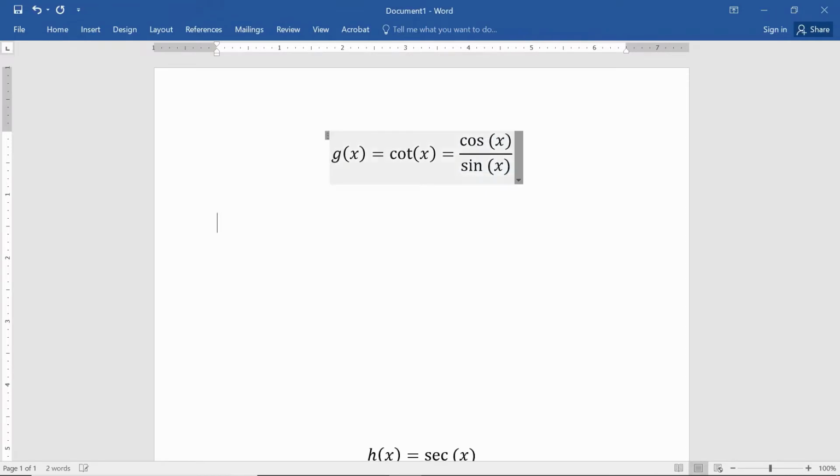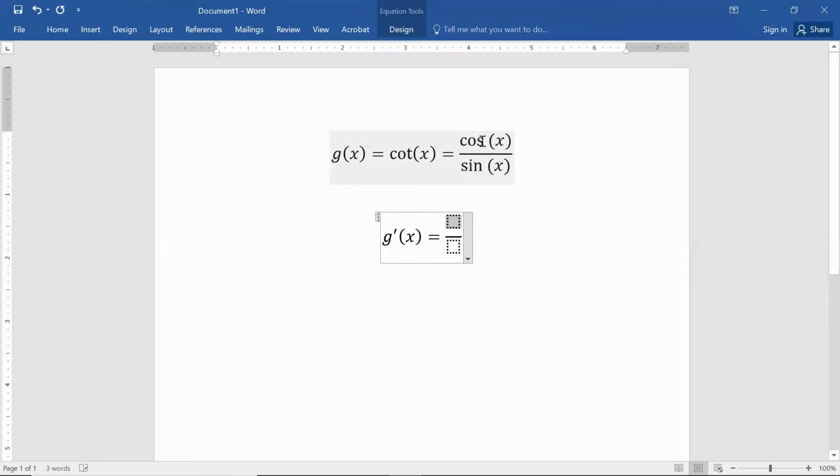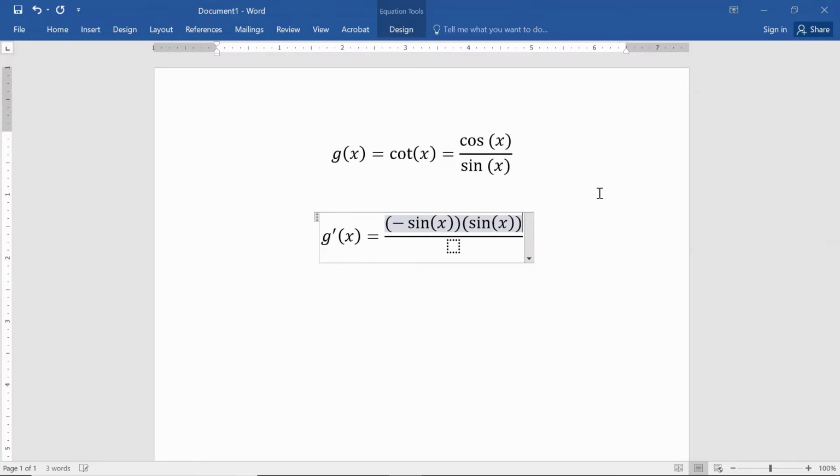When I take the derivative of that using the quotient rule, derivative of the numerator, derivative of cosine is negative sine, so negative sine of x, times the normal denominator, sine of x, minus normal numerator, multiplied times the derivative of the denominator. The derivative of sine is cosine.